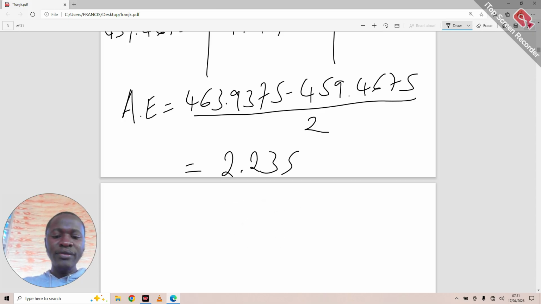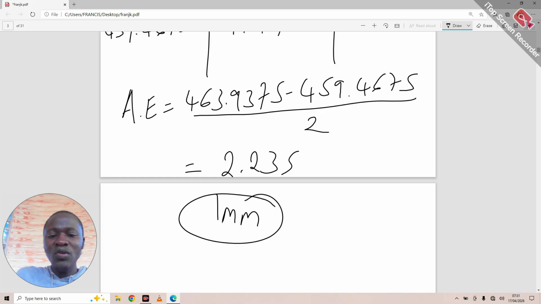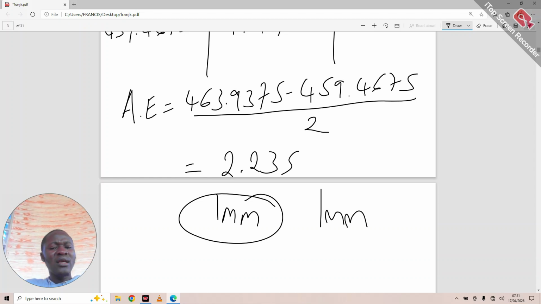So this "to the nearest millimeter" is the same as "to the nearest 1 millimeter". So there's no need for an examiner to write "to the nearest 1 millimeter". It doesn't make sense. Someone will wonder, is this examiner really a teacher of mathematics?